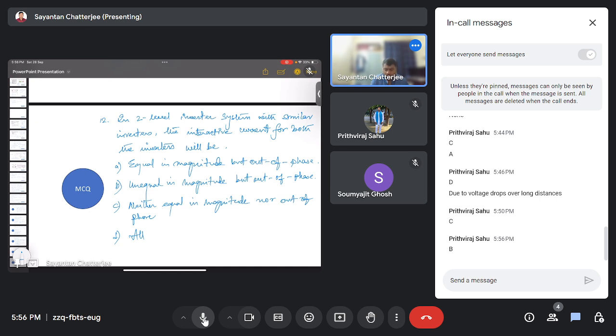B. Yes. Unequal in magnitude but out of phase.